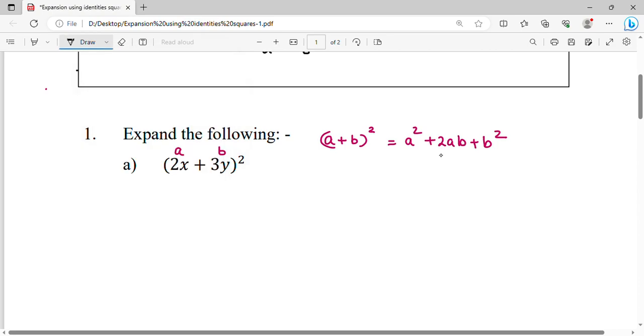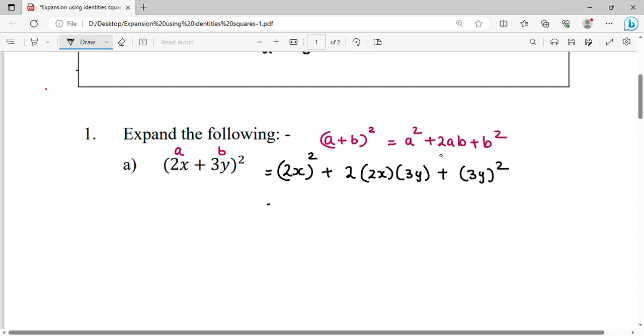But my a is 2x here, so it becomes 2x the whole squared plus, this is a constant 2, my a is 2x, so that's your a, and the b is 3y. So into 3y plus 3y the whole square.